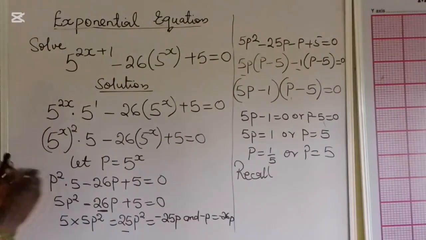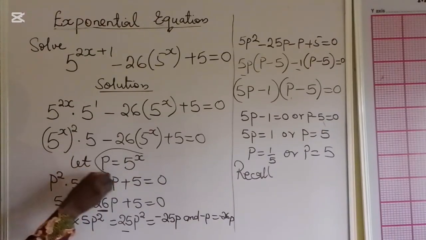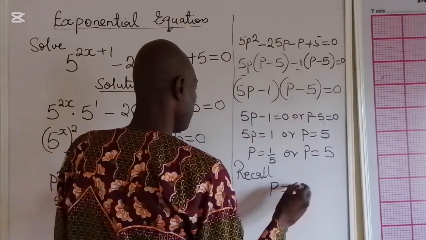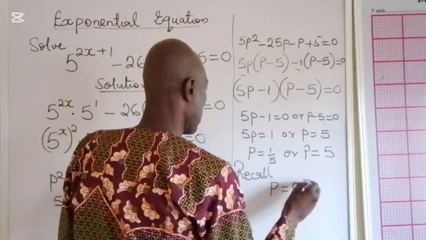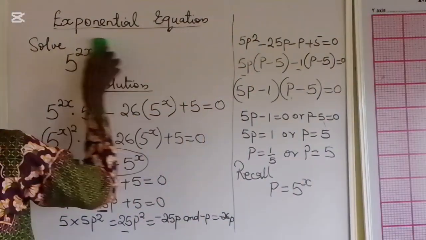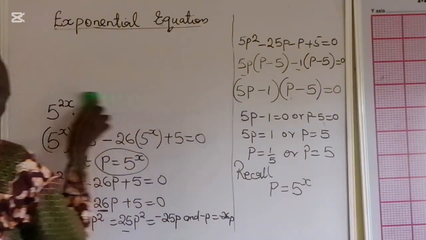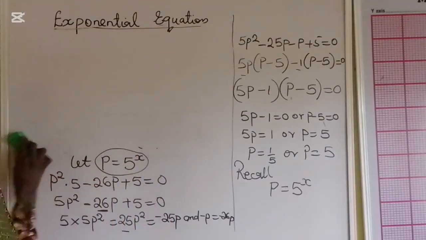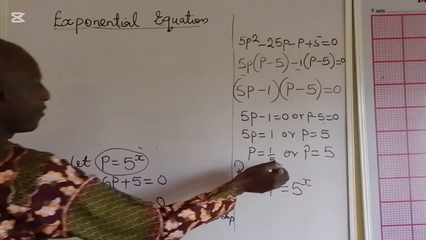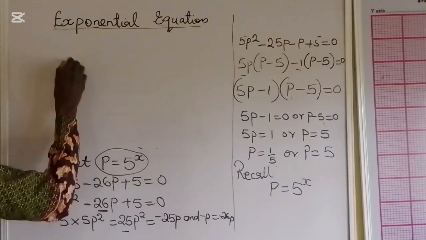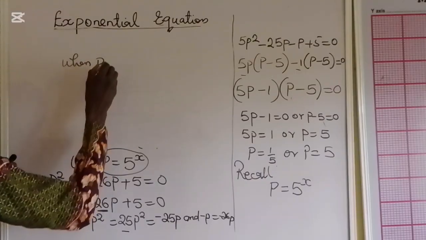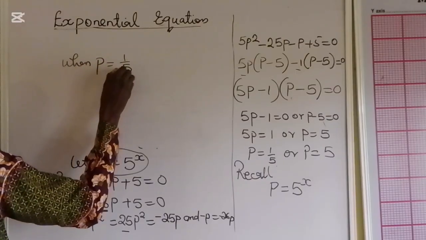Let us record. We are recording from here that let p be equal to 5 raised to power x. The first value is when p is equal to 1 over 5.